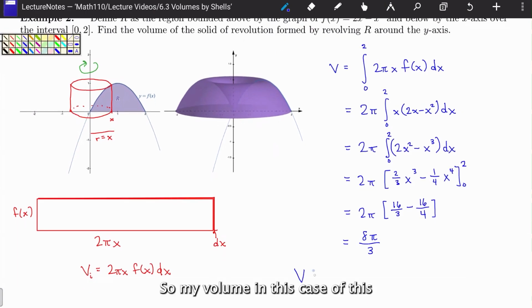So my volume in this case of this solid is 8 pi over 3 cubic units.